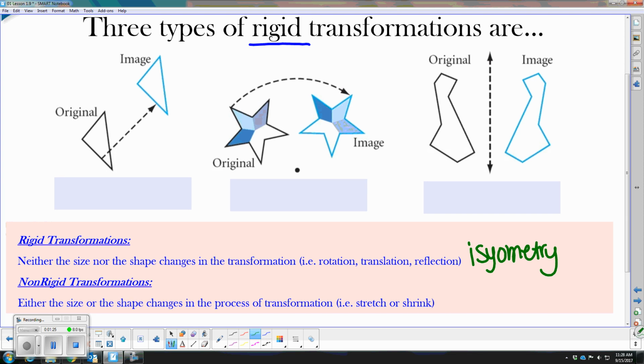So in the first one, here's our original image, and then here is our isometry or isometric image. And this type of rigid transformation is called a translation.